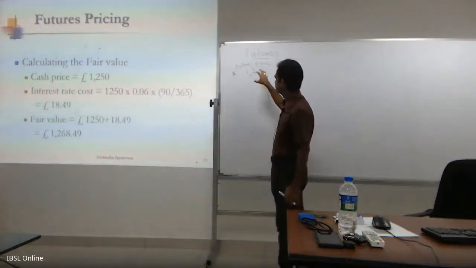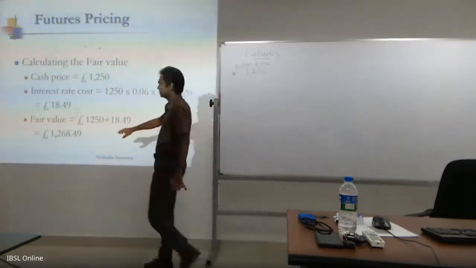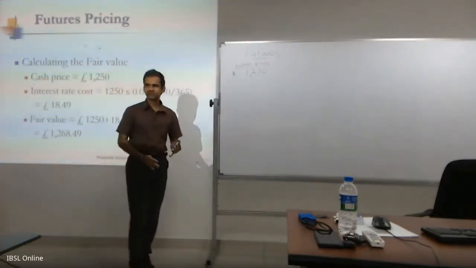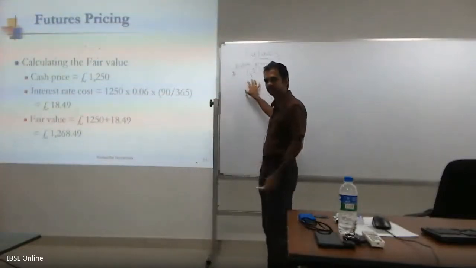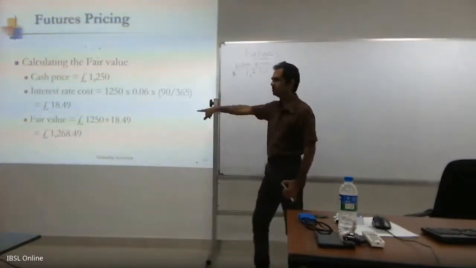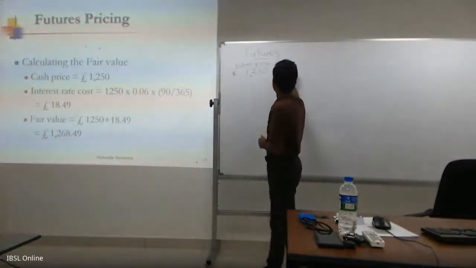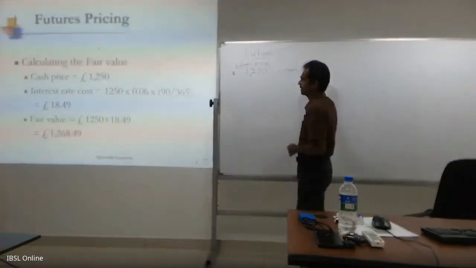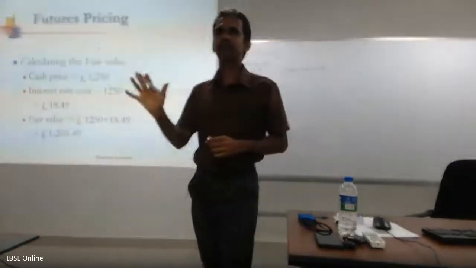So what we have to do is compare the market price and the theoretical price. Which one is expensive? The market price is higher than the theoretical price. So what does it mean? This is overvalued. When you see something overvalued, what do you do?